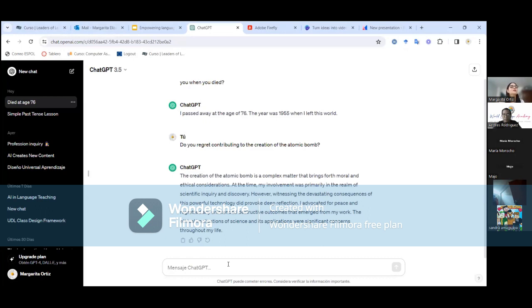But then how can you use this in class? In a perfect scenario, your students can use their cell phones to do this. But if you don't have that scenario, and maybe you do have, at least as a teacher, a projector, a computer, and internet, what you can ask your students in class is to write questions, WH questions.